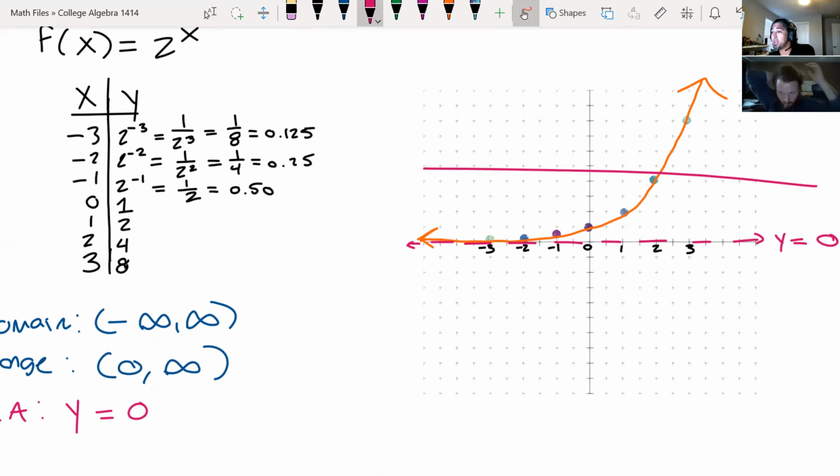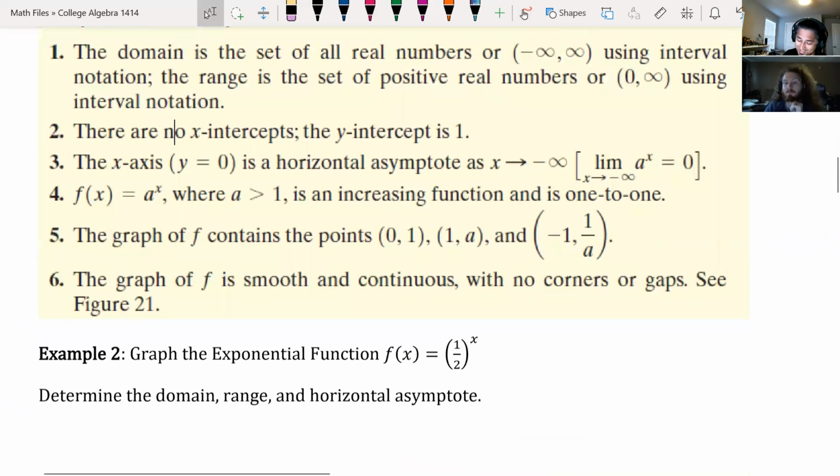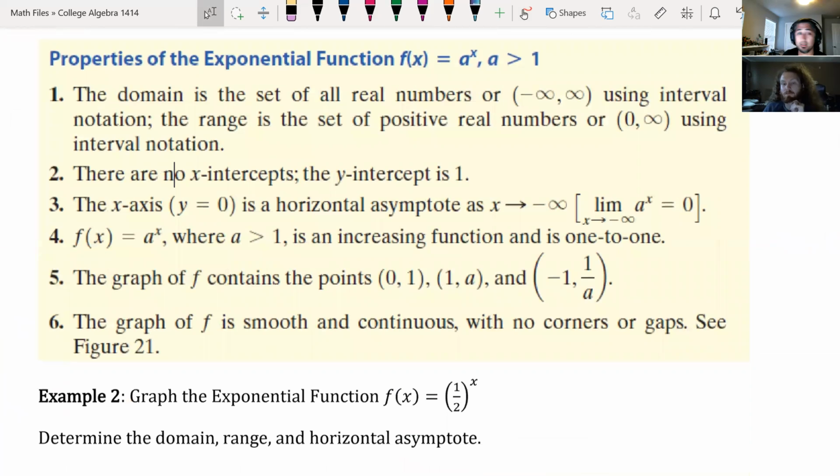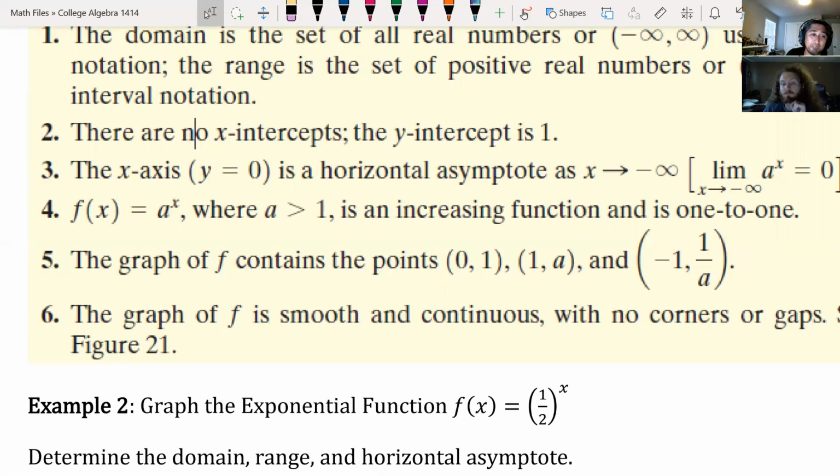If you're 1-to-1, you have an inverse. We learned that in 6.2. One-to-one functions are special because they have an inverse.